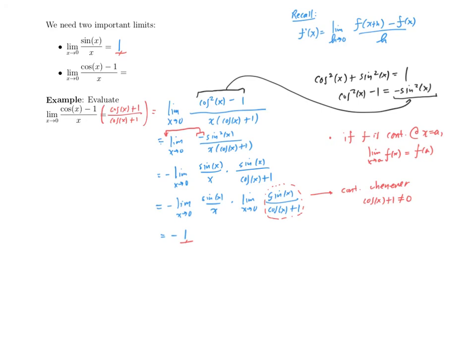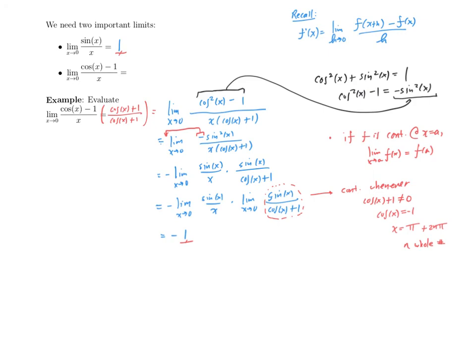So as long as cosine is not minus 1, which means what? x is not equal to pi plus some 2n pi multiple, where n is a whole number. So note, in particular, this is most definitely continuous at 0.